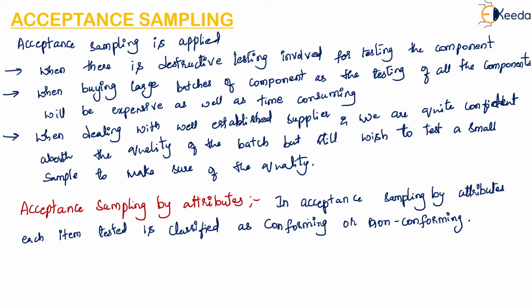A sample is taken from a lot and then it is tested. If it contains too many non-conforming items, the full lot is rejected, otherwise it will be accepted.